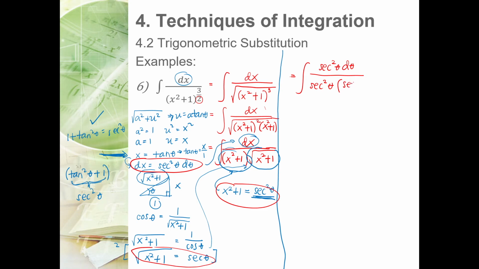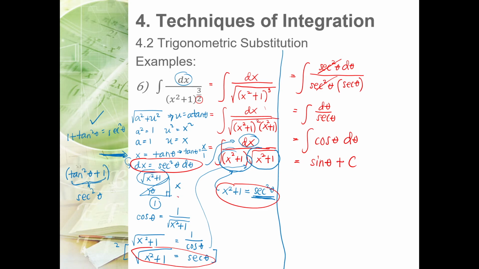So secant theta cancels, and you have the integral of d theta all over secant theta. So in simple terms, this is cosine theta d theta. And the integral for this one is sine theta plus c.